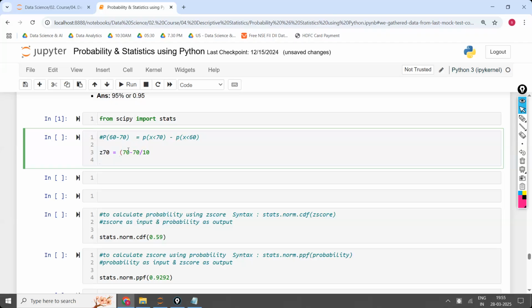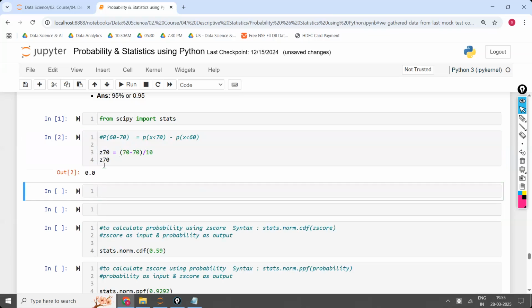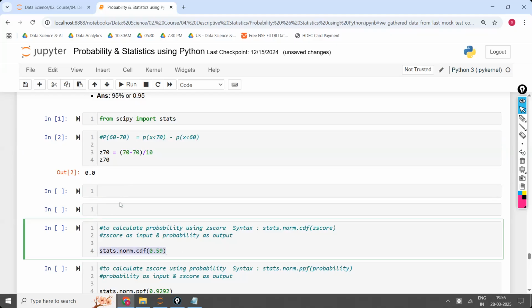What is the Z of 70 you got? Open your notes, calculation: 0. Now at 0, what is the probability? In the Z table, exactly at 0, what is the value? 0.5.